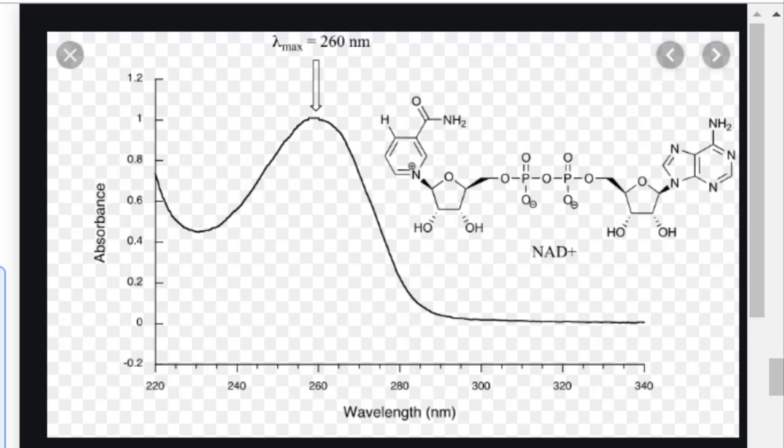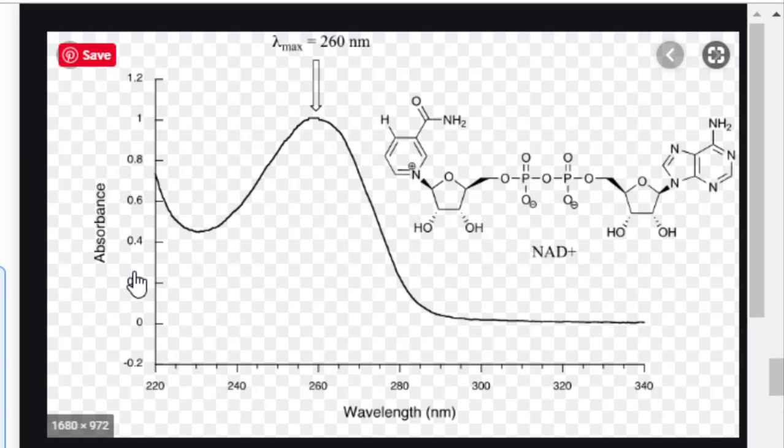Here, for example, is a UV-vis spectrum. It's different than the ones we did because the ones we did were at one particular wavelength, whereas this one is a graph which is a range of wavelengths, and again, absorbance here on the y-axis.